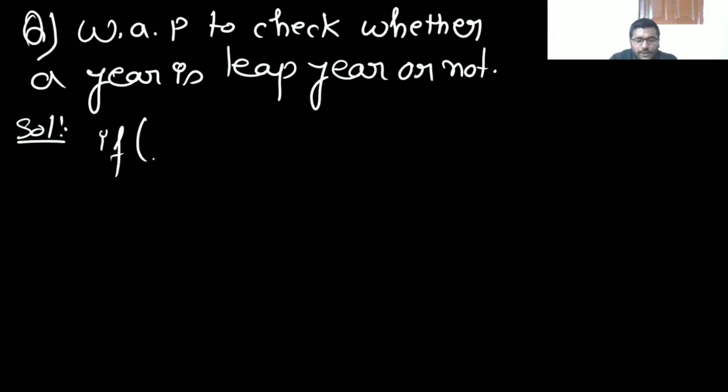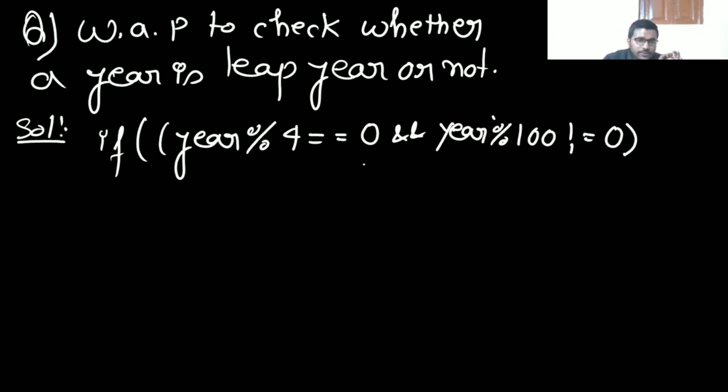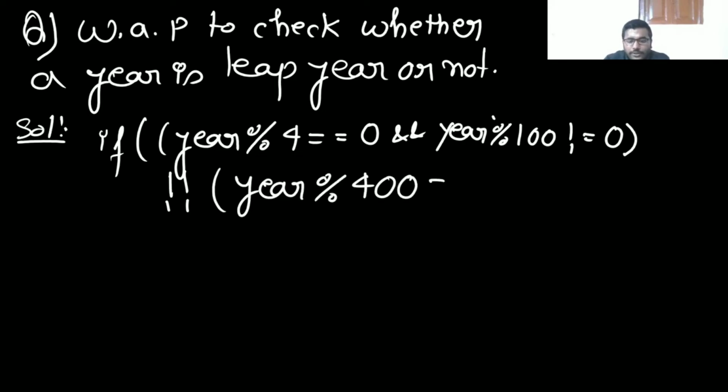If year is divisible by 4, there we will use mod equal to 0, and year is not divisible by 100. This is one condition. If year is divisible by 4 and year is not divisible by 100, or, this is logical or, if year is divisible by 400, then it is a leap year.